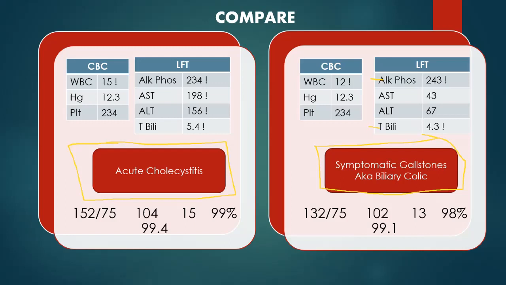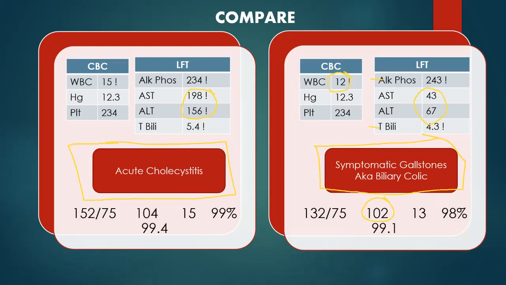However, acute cholecystitis usually has elevated AST, ALT, liver enzymes, whereas symptomatic cholelithiasis does not. Notice that symptomatic biliary colic can also have an elevated white count, although it does not necessarily always have to, and can be real pain, as proven by the tachycardia.